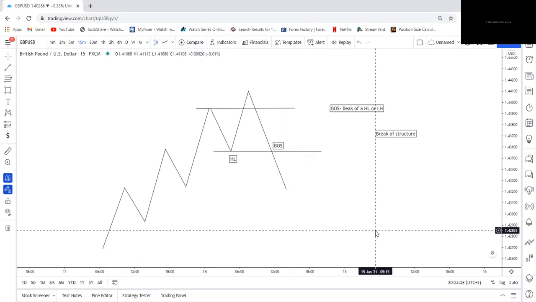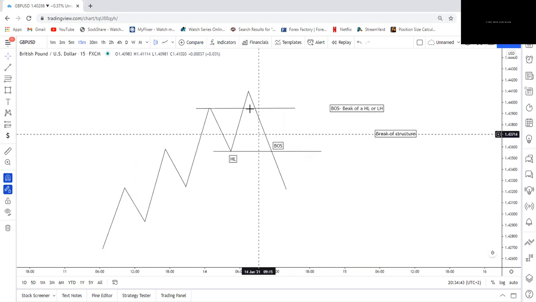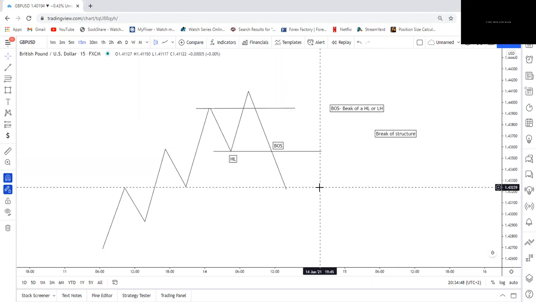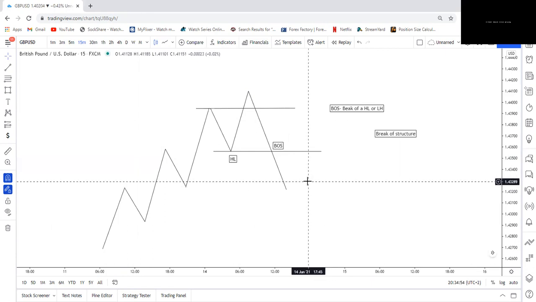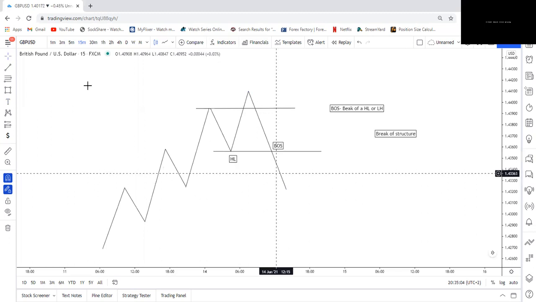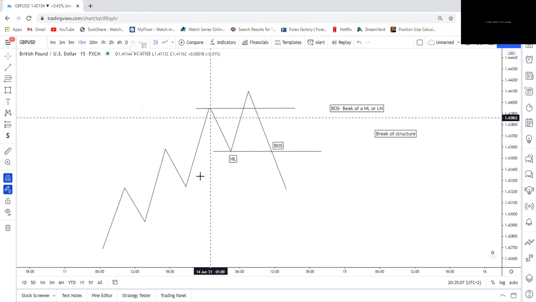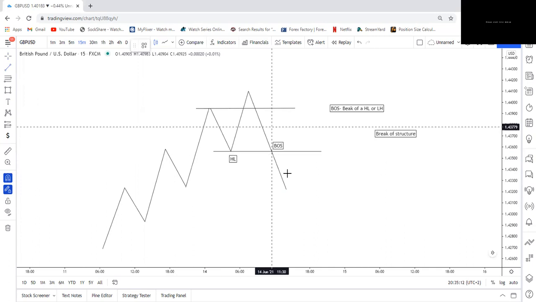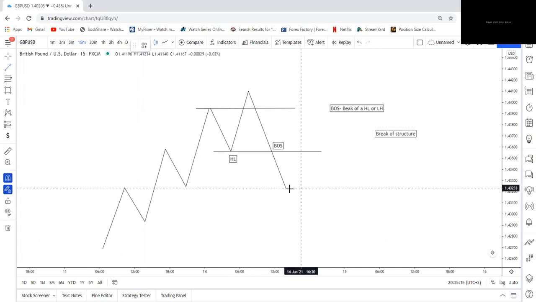So once in an uptrend a higher low is violated and taken out, as you can see here, price action then starts to shift to a downtrend, and we are now looking at lower lows and lower highs, or we are anticipating that price action is going to start to form lower lows and lower highs. So from this whole structure right now, we formed a higher low, formed a higher high, we taken out this higher low, forming a potential lower low.